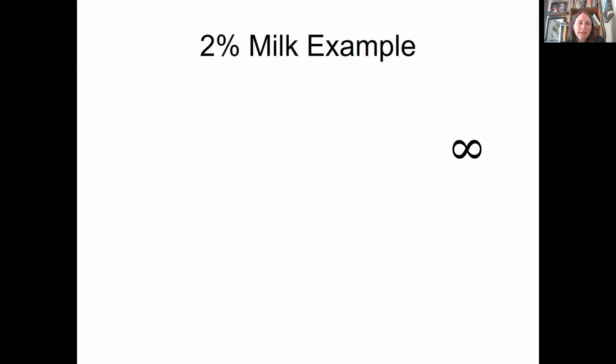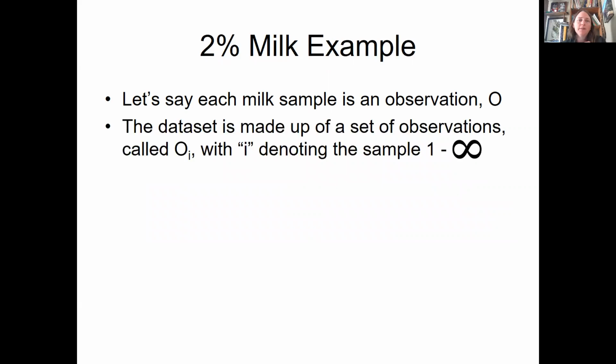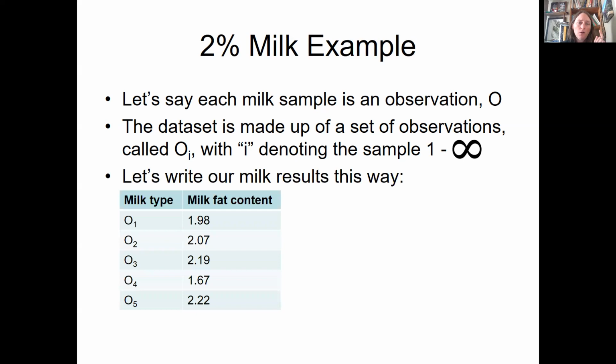In this 2% milk example, let's say each milk sample is an observation, O. Our data set is made up of a set of observations called O sub I, with the little I denoting which sample I'm talking about. And I can have between 1 and infinity samples in my data set. If this is the case, then we could write our milk results this way: O sub 1, O sub 2, O sub 3, O sub 4, and O sub 5.